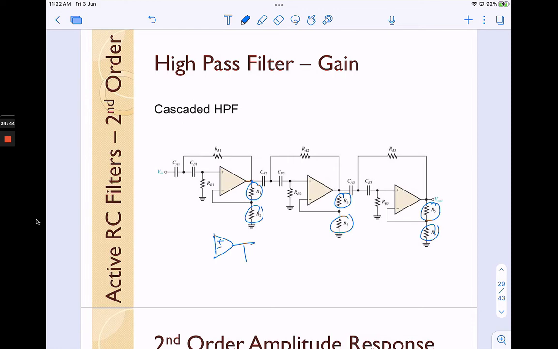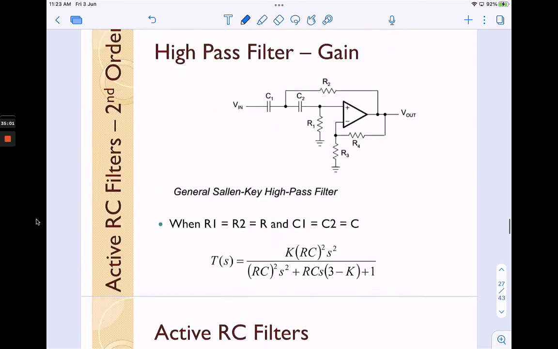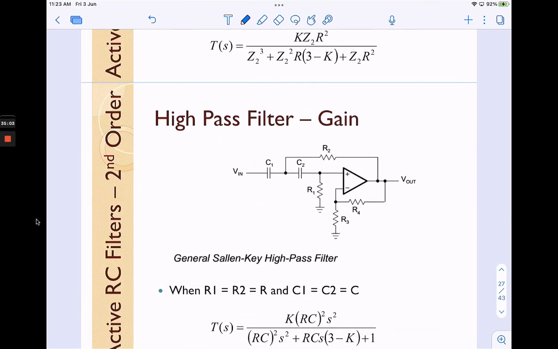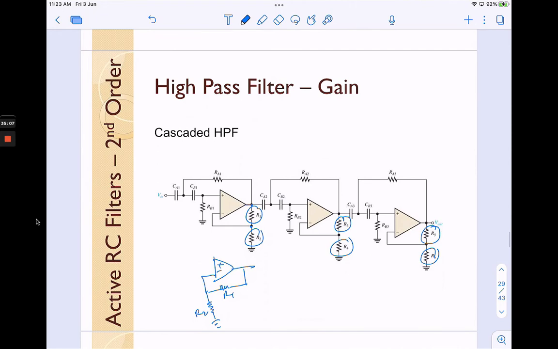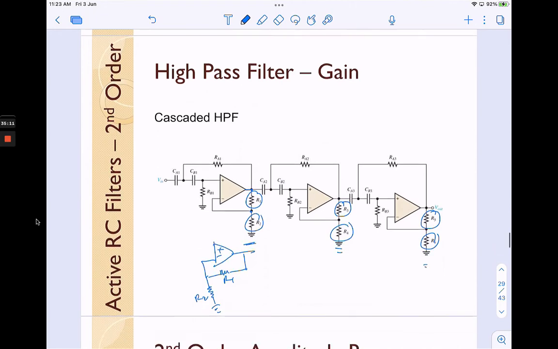So this output is connected to R1, and R1 is connected to R2, and R2 connected to the ground. So similar to this diagram. It's just they put it this way, but it's actually the same one.